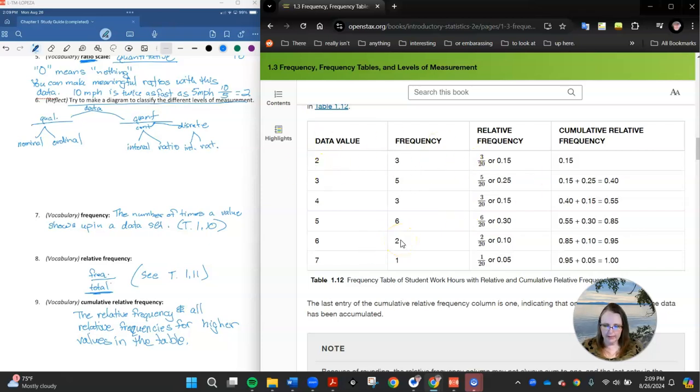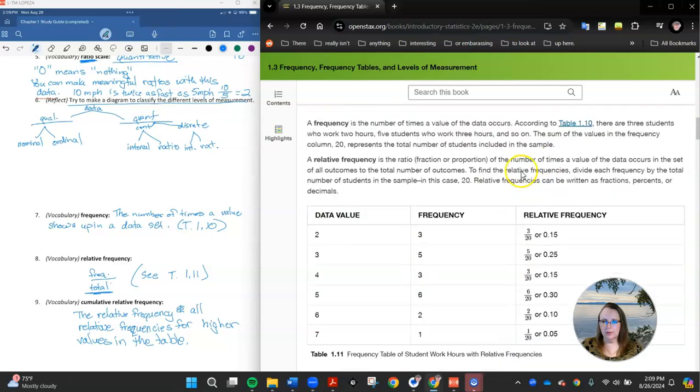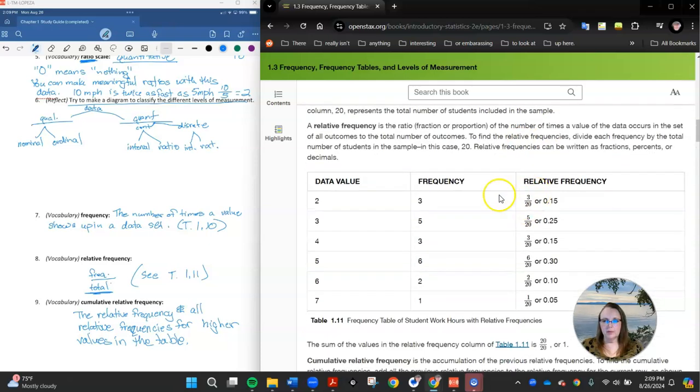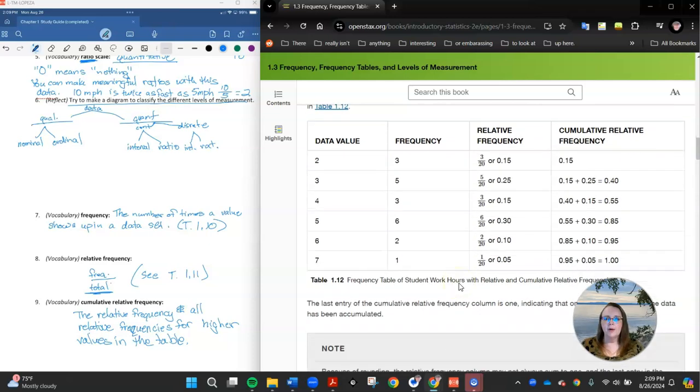And I'm going to have an example of a table that we can fill out so we can practice with it. So in this case, we've got the data value, the frequency, and the relative frequency from before. And the relative frequency for all of these, again, is just the frequency divided by the total. So it's this number divided by 20, this number divided by 20, this number divided by 20. Relative frequency, then we can turn into a cumulative relative frequency by starting with the first thing in the list.